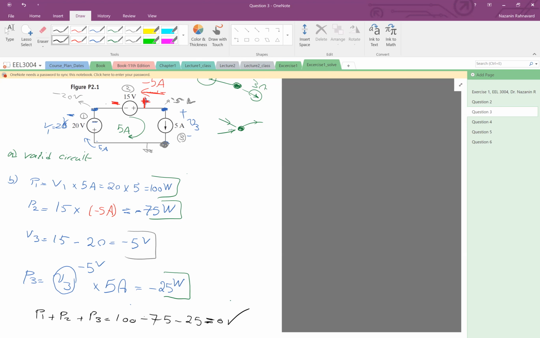And the elements that have positive power are absorbing power, like a resistor, lamp, or fan. And the elements with negative power are generating, delivering power. Okay, hope this is clear.